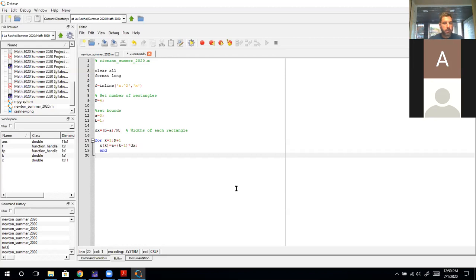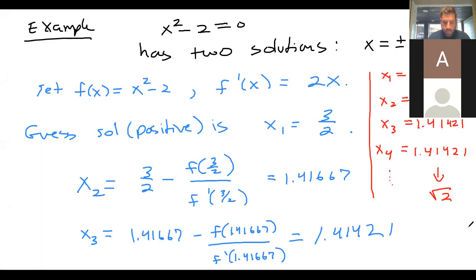So if I switch to our whiteboard again, typically we would say this is 0 to 1, and if we wanted 4 rectangles, we would call these 1/4, 2/4, 3/4.